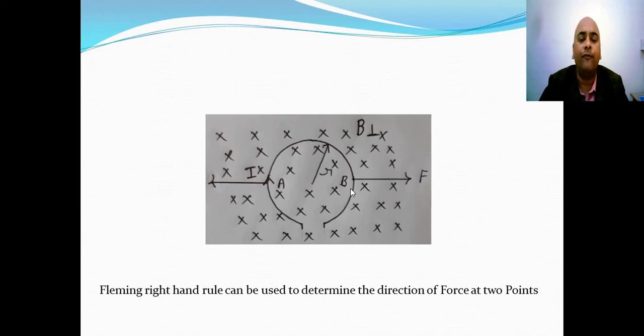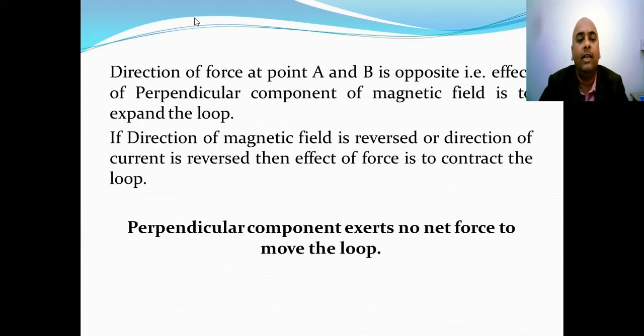By using Fleming right hand rule, it will be observed that the directions of forces on point A and point B are opposite, because the directions of current at point A and B are opposite.